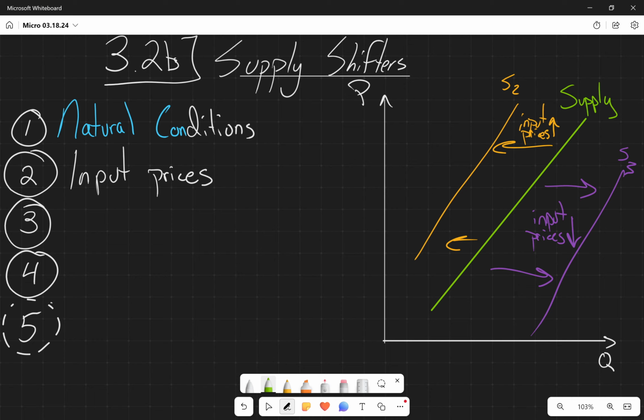All right, our third one we'll talk about is technology. So really, if there's technological improvement where now we're able to do things faster with less error and stuff like that, right? Then that means that there's an improvement in technology. So supply is going to shift outwards.